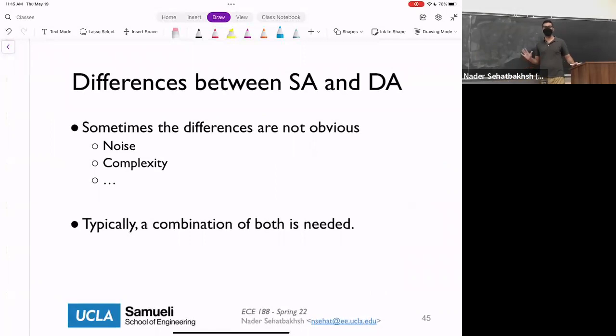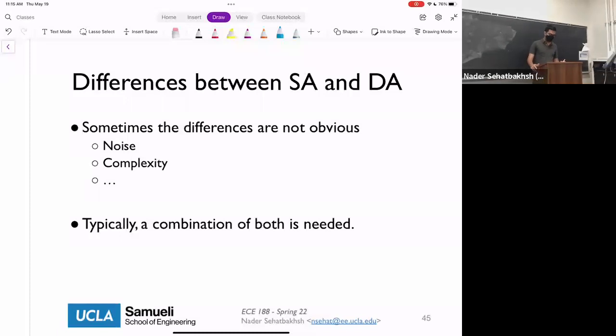So as I said, the difference between the differential analysis and simple analysis is that simple analysis usually is just good for when you can visually see the differences. But because of the noise or because of the complexity, differential analysis would be a superior option. And usually what happens is that you typically use both of them in order to attack.